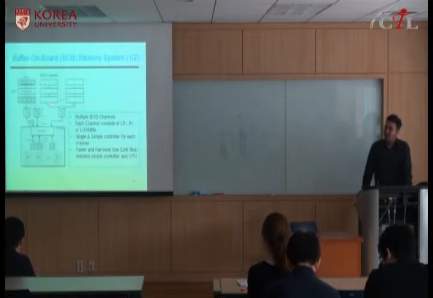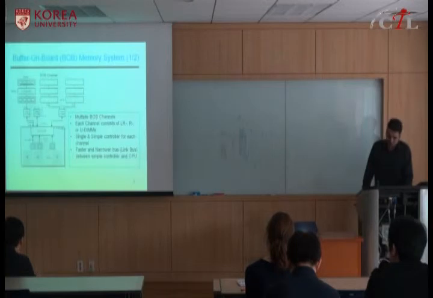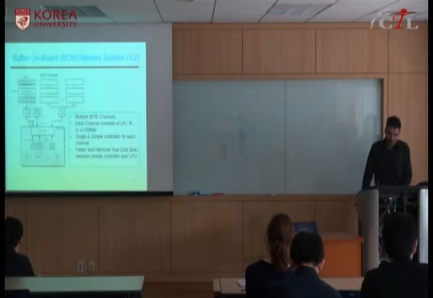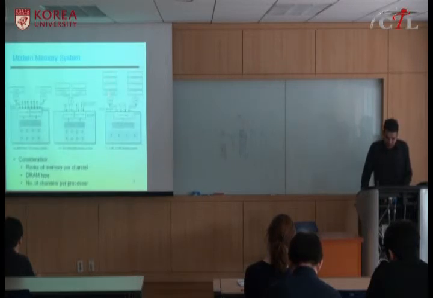Let me read: multiple BOB channels. What is BOB? Buffer on board. So they said this is a buffer on board channel. What do you mean by multiple BOB? Let's compare with this one and the other.